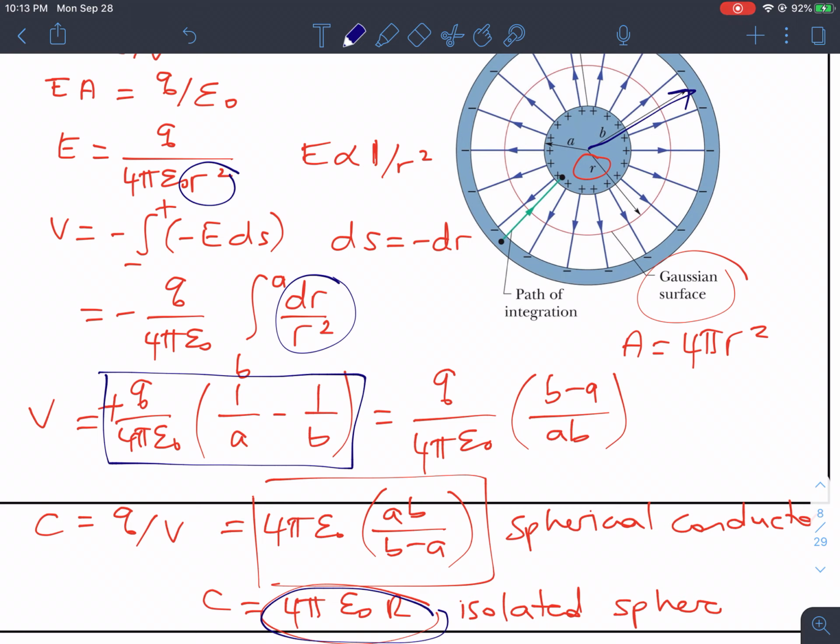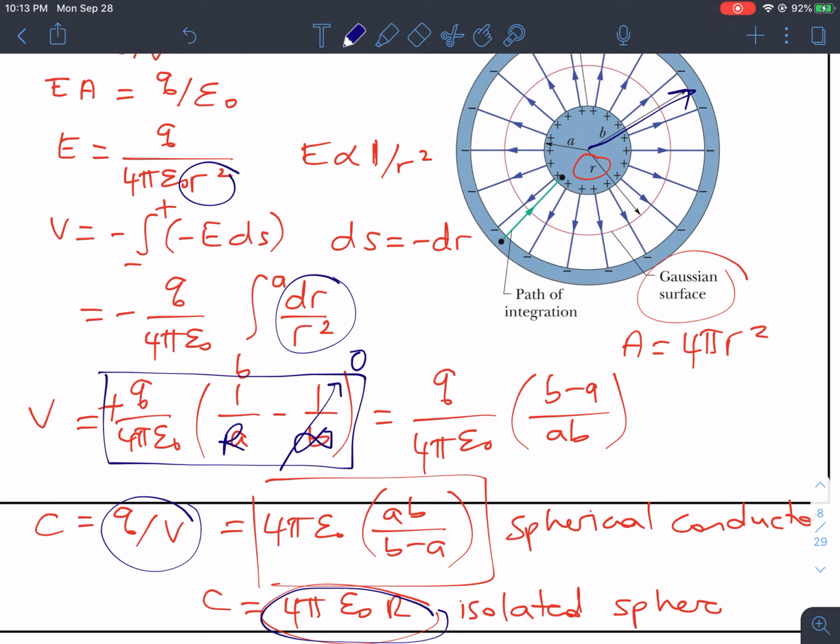When B goes to infinity, this whole term goes to 0, and A is the radius R. So the potential becomes Q over 4 pi epsilon naught R. When you plug it into Q over V, the Q's go away, and when you flip it, you get 4 pi epsilon naught R. That's where the capacitance value for the isolated sphere comes from.